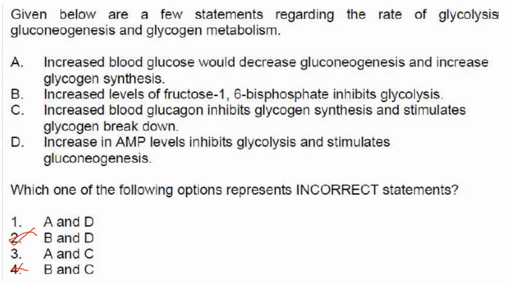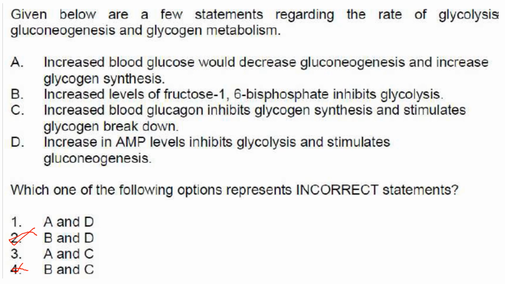B. Increased level of fructose 1,6-bisphosphate inhibits glycolysis. That is incorrect because fructose 1,6-bisphosphate is an intermediate of glycolysis and it stimulates the process of glycolysis, not inhibit it. Anyway, B is wrong here in 2 and 4. C. Increased blood glucagon inhibits glycogen synthesis and stimulates glycogen breakdown.